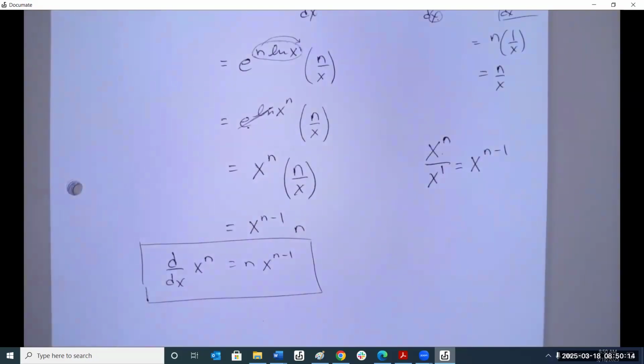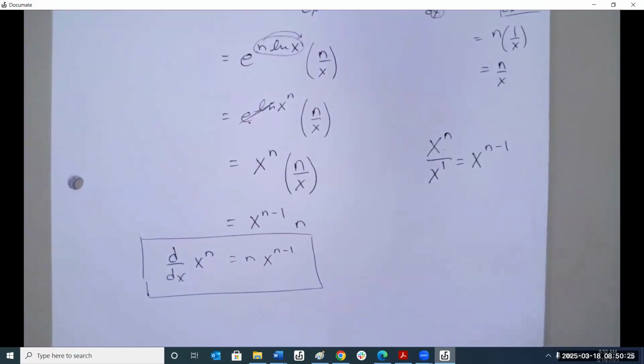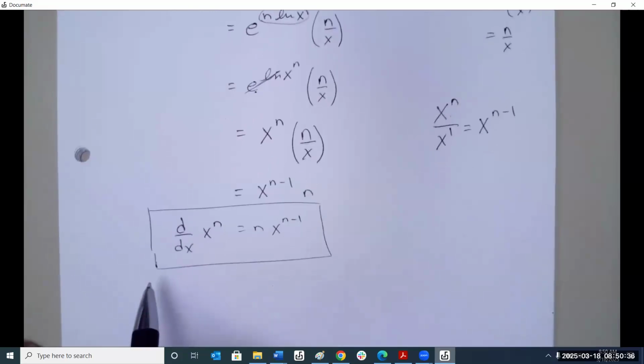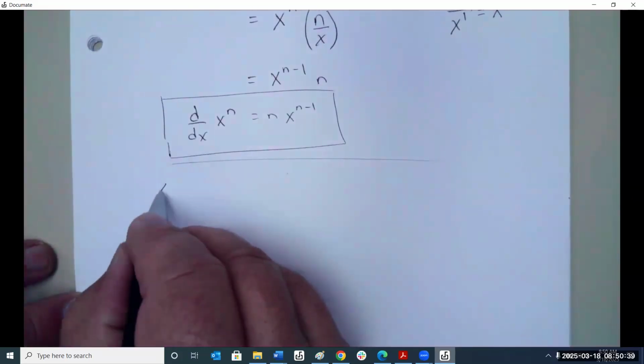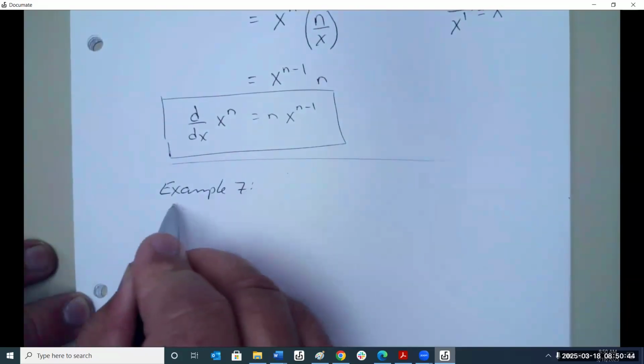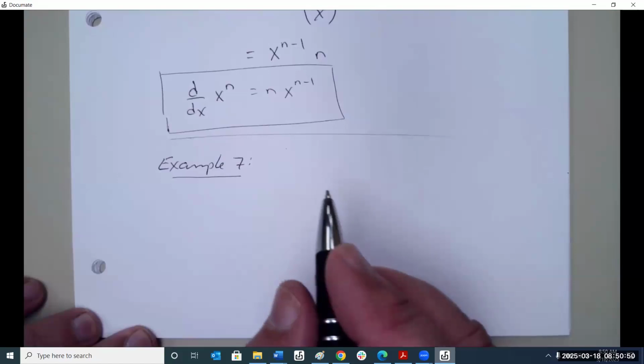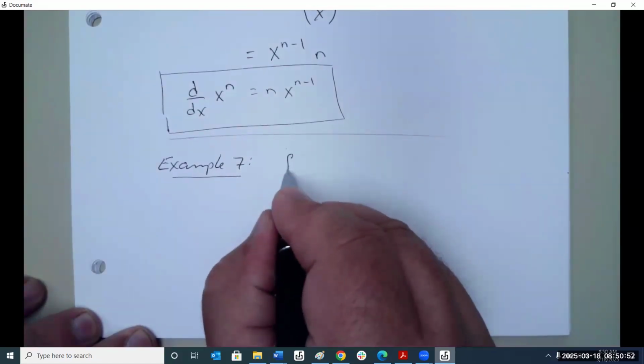Look for an example here. All right. Differentiate this function.